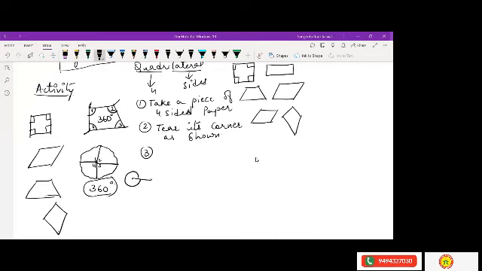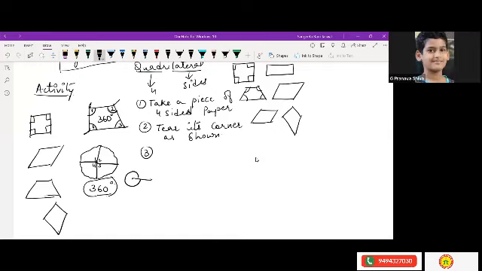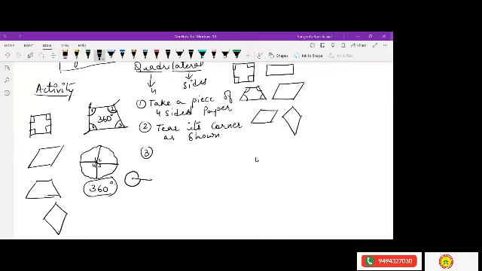So we all know 90 plus 90 plus 90 plus 90 will be 360. So you can try with different ones. Some acute, some obtuse like this. So your third point will be: place the corners at a common point.